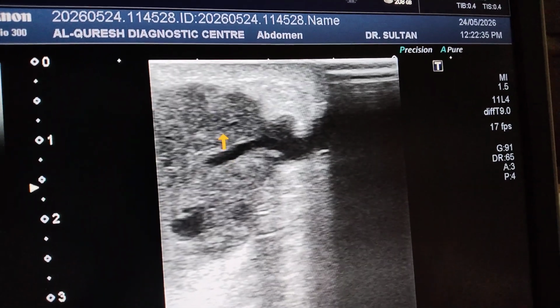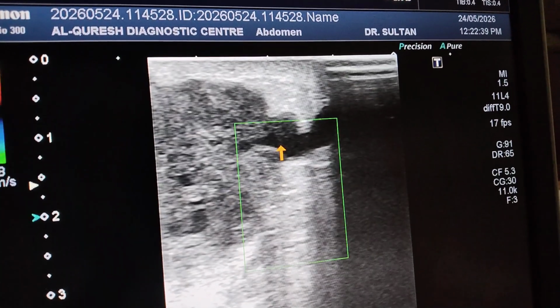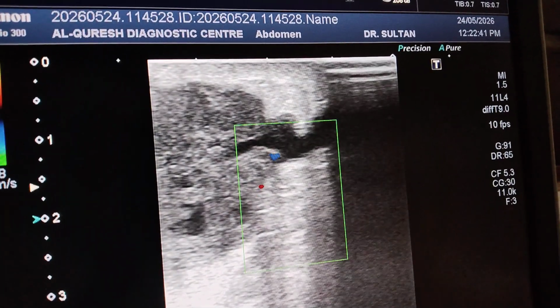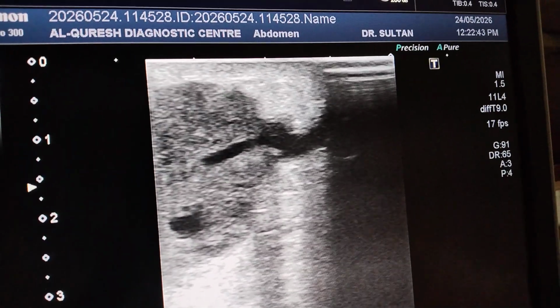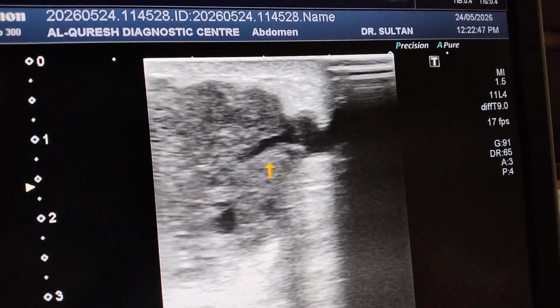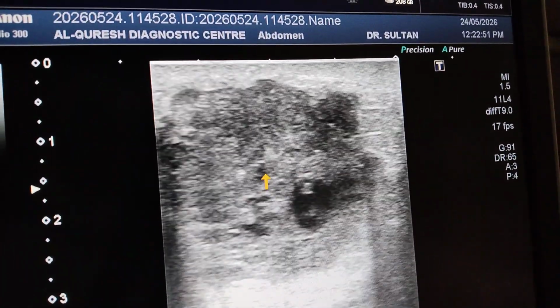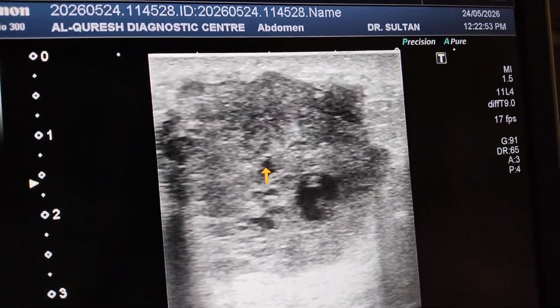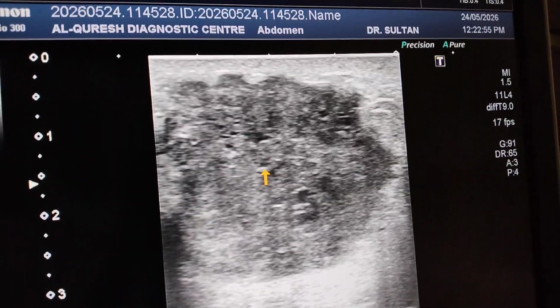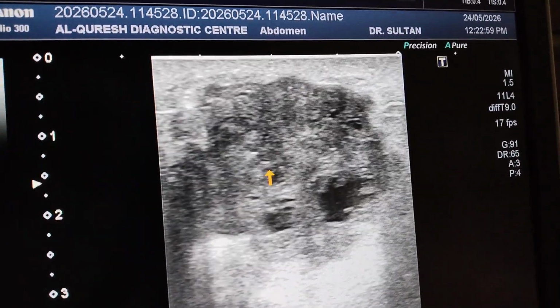So this mass is obstructing. This is a duct we can see on the color. So this is a dilated duct which has been obstructed by this mass, and this mass is present at the seminocular position and also extended to the echotexture position.